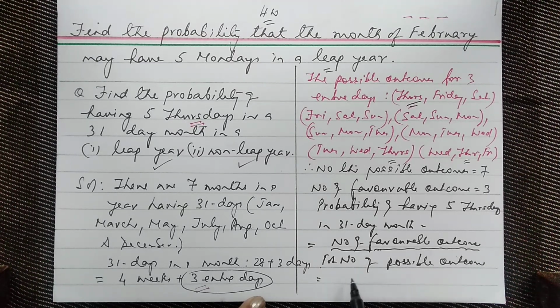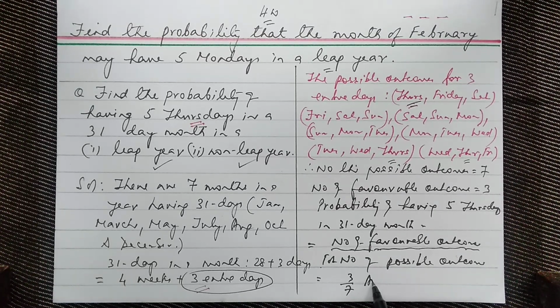All right, favorable is 3 and this is 7. So this is our answer.